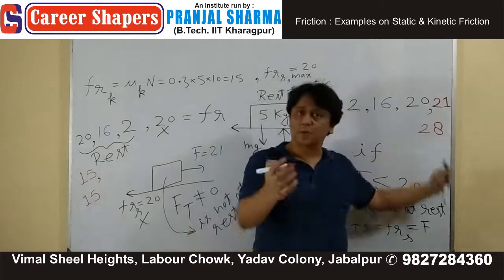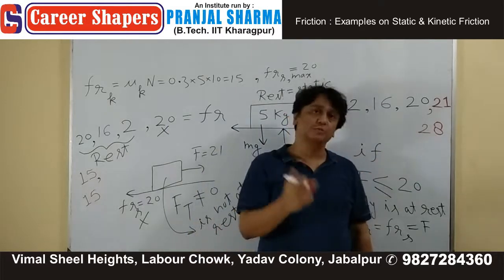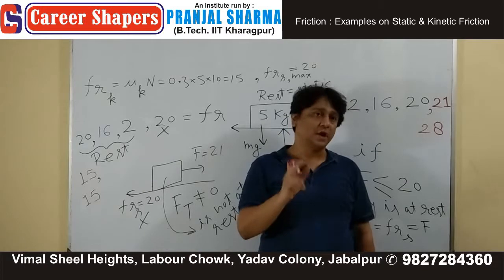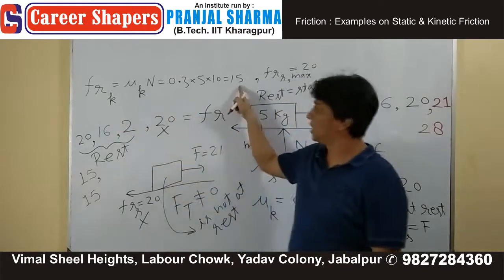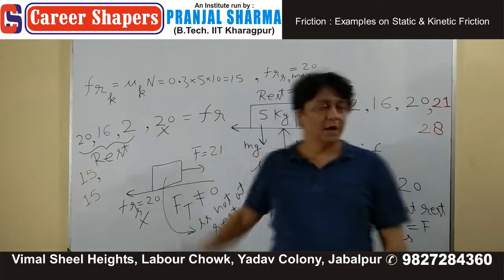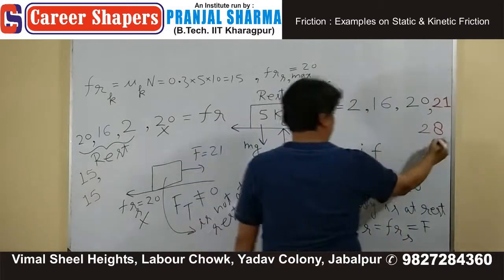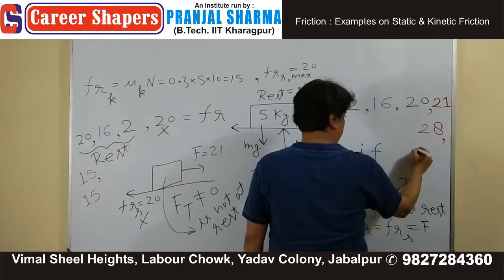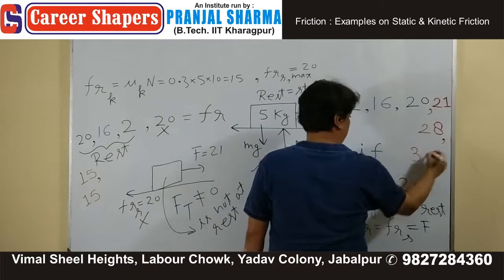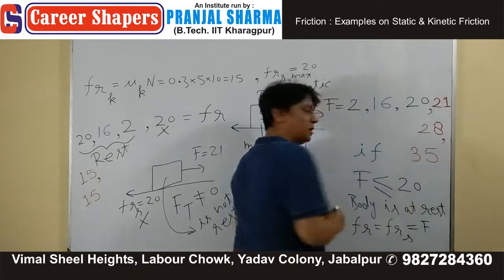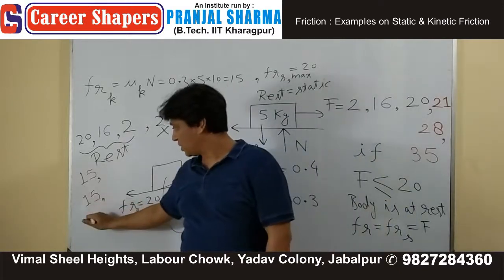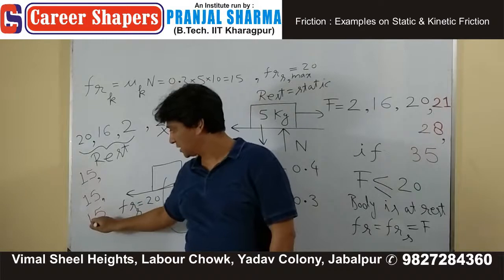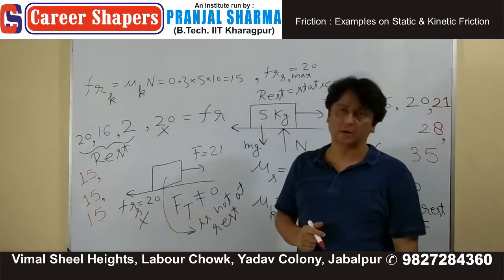28 इसका मतलब बॉडी क्या करने वाली है? मूव. और अगर बॉडी मूव करेगी तो फ्रिक्शन कौन सा यूज होगा? 15. अगर ये 28 किसी ने इंक्रीज करके 35 बना दिया होता, 35, आपका फोर्स ऑफ फ्रिक्शन अभी भी क्या आता? 15.